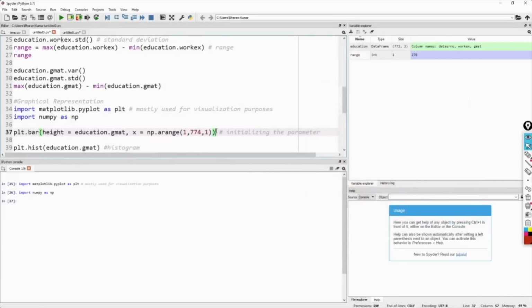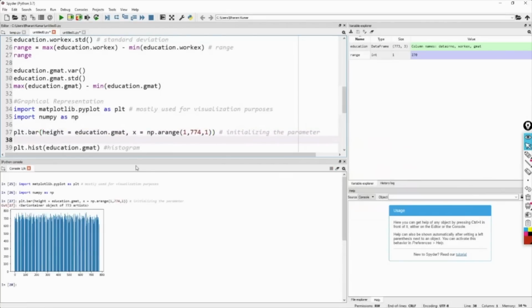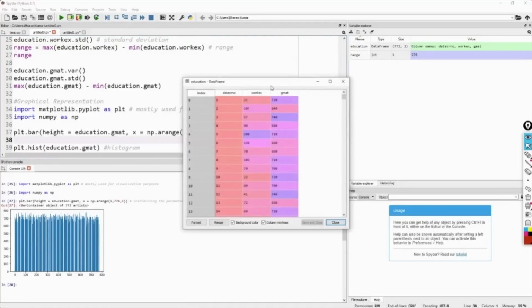So let me run this. There we go, bar plot. We have the bar plot. From 0 to 774, you have the bars in increments of 1. Wonderful. But by looking at the bar plot, we cannot comment much.